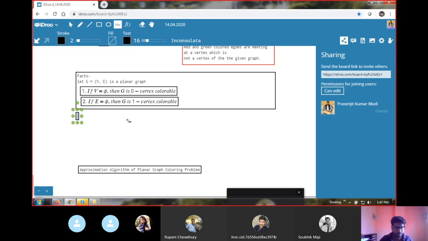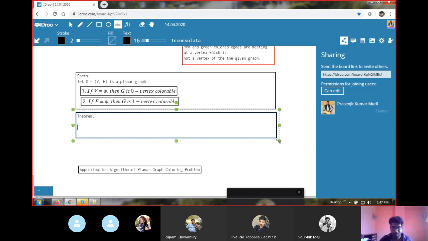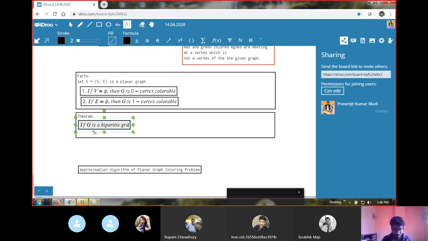If G is a bipartite graph, that can also be taken as a fact, the third fact.